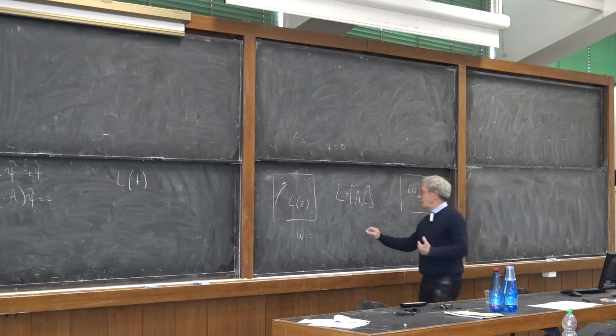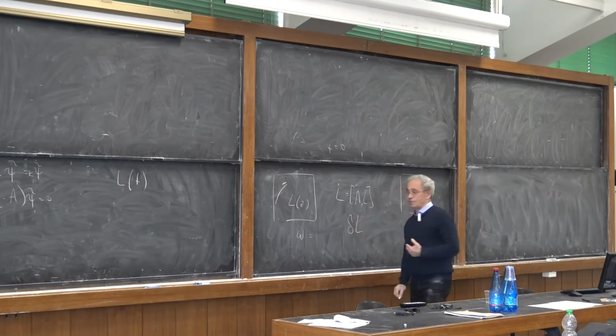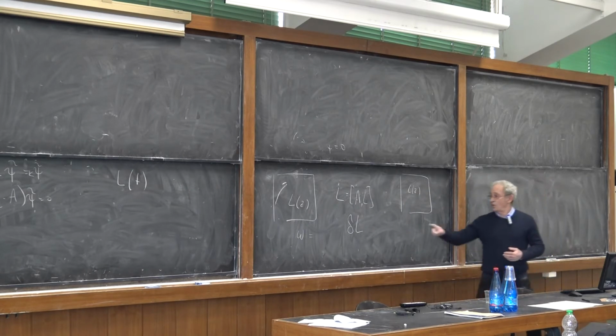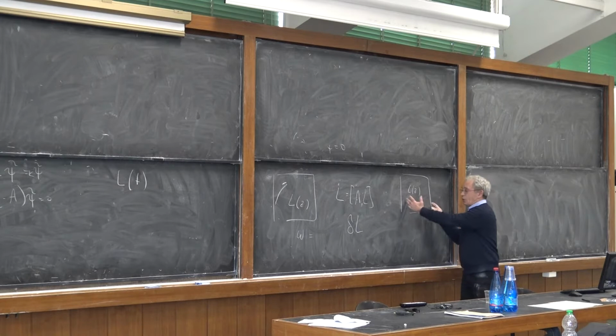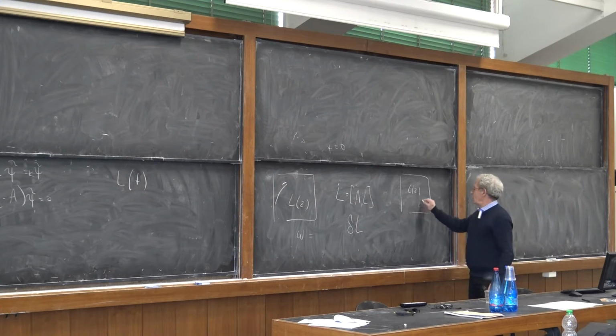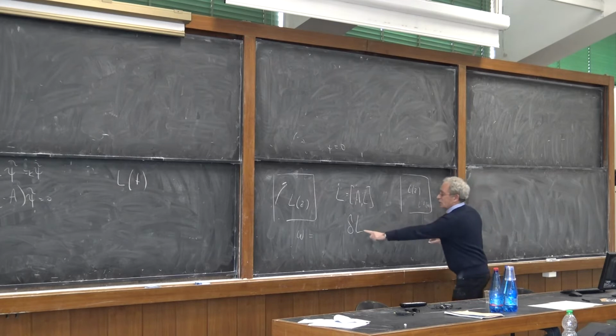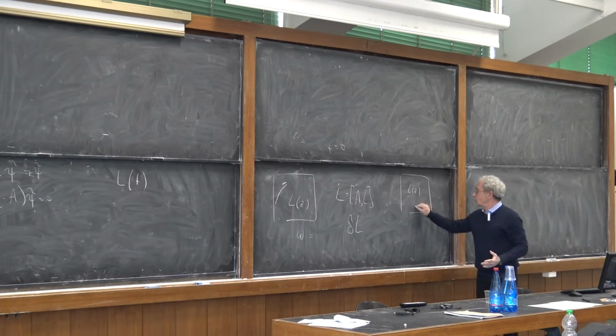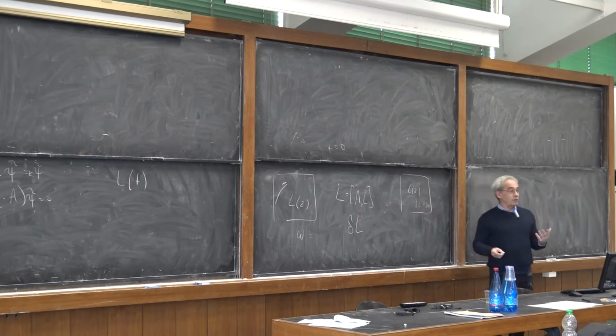So delta L is a one form, a matrix valued one form on a space. So if L_ij of z are functions, this is a matrix valued one form whose entries are basic one forms on our space.